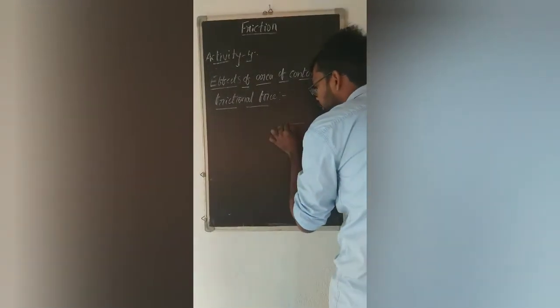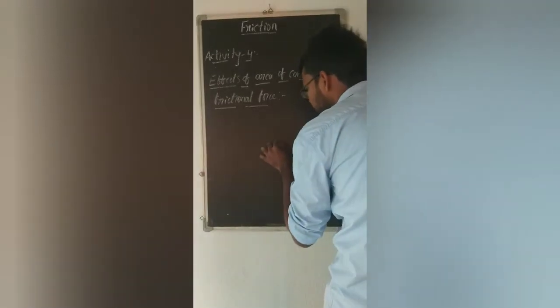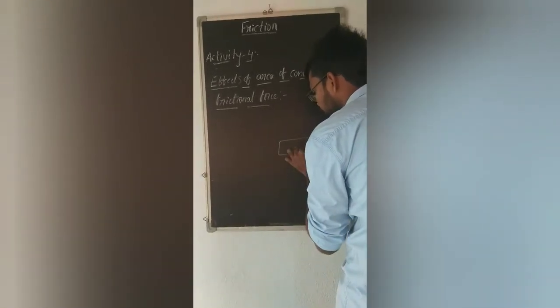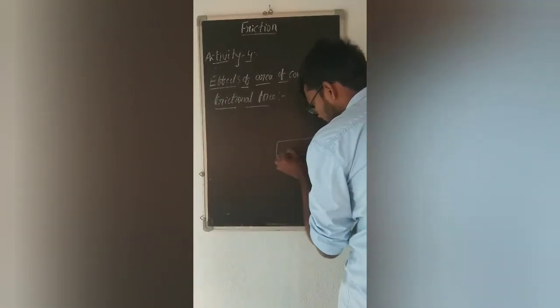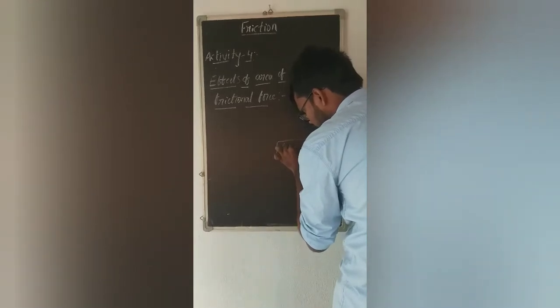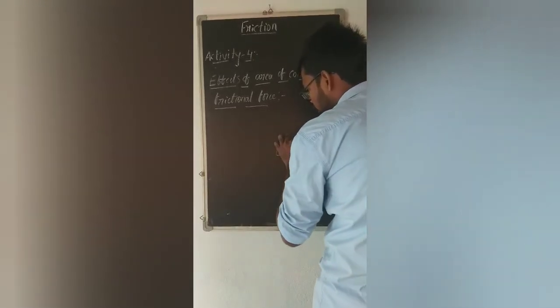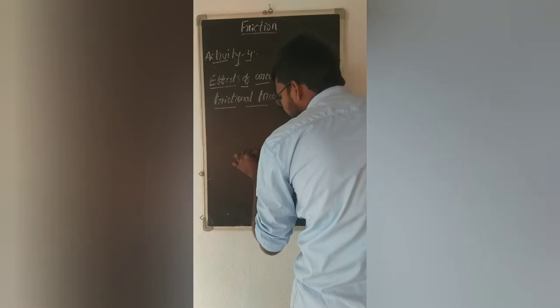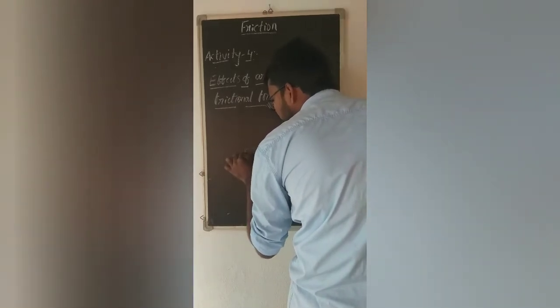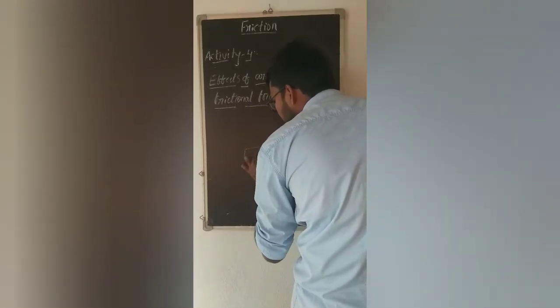For this, we need to consider a brick. It is placed like this. Now tie a spring balance to this brick.